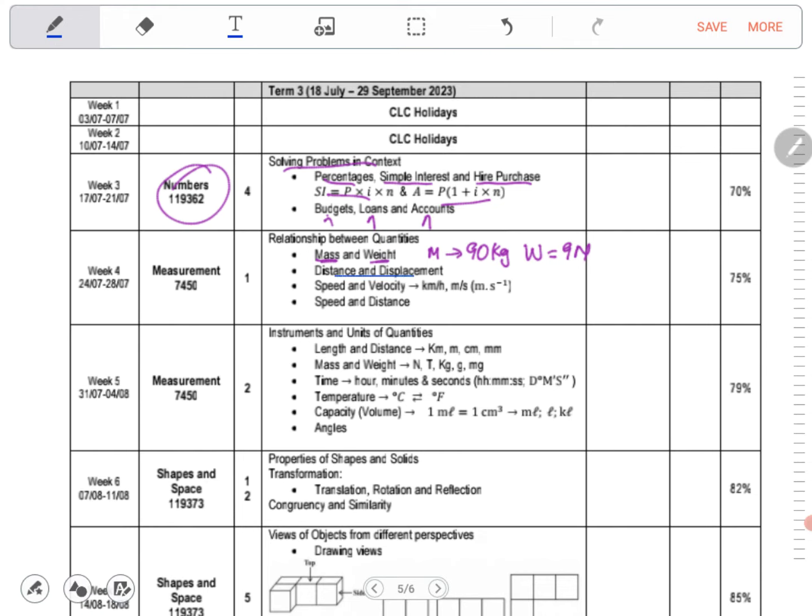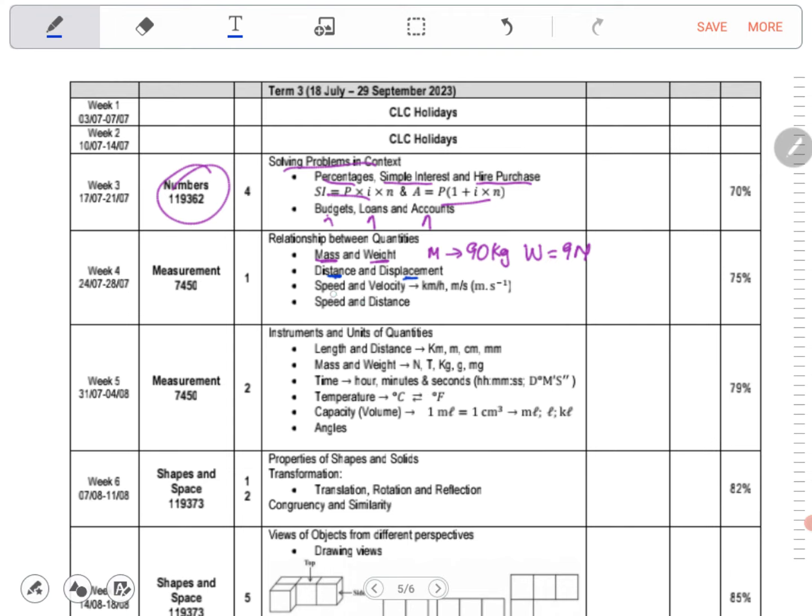And then we have distance and displacement. We have to check the difference between these two as well. They are not the same, but we normally refer to them as the same. We would say that distance is a scalar quantity and displacement is a vector quantity, but we don't have to worry much about that for now.